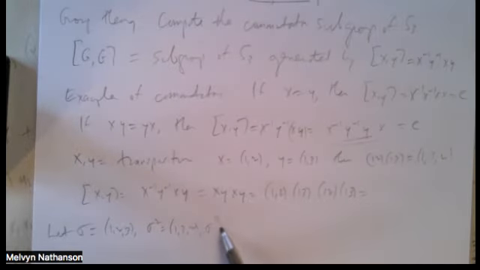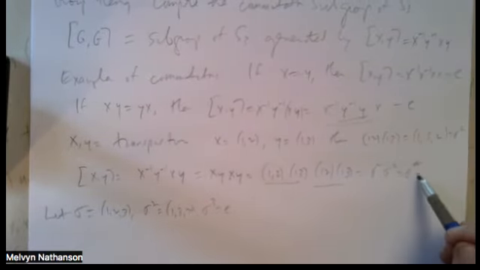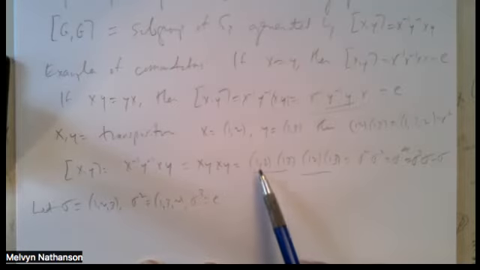And sigma cubed is the identity, because if you go around a cycle of length 3 three times, you're always back to where you started. So this is sigma squared squared, which is sigma to the 4th, which is sigma cubed times sigma. Sigma cubed is the identity, so this is just sigma. So the commutator of these 2 transpositions is sigma.